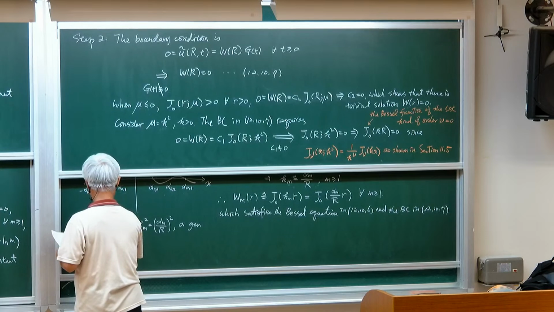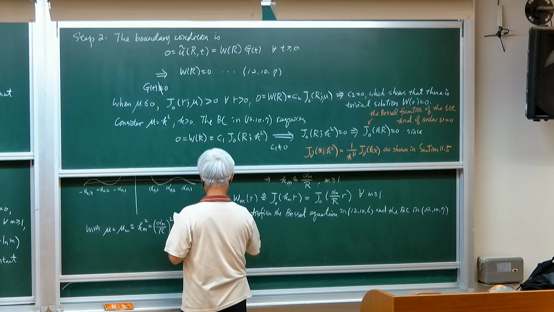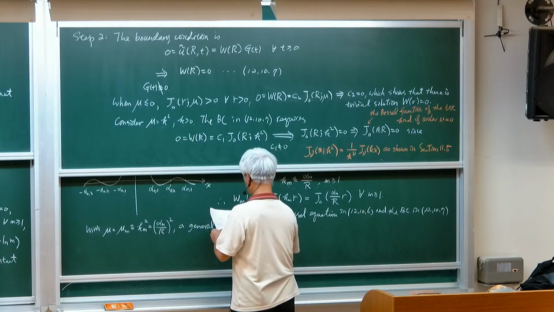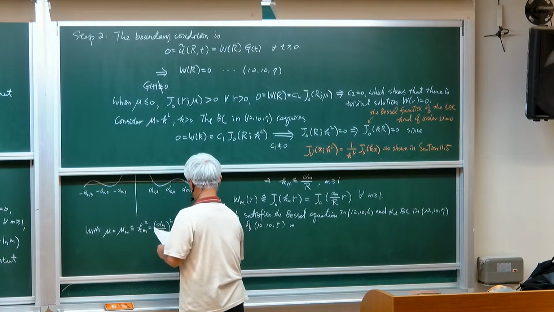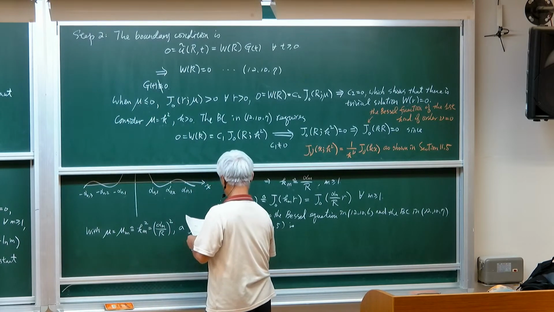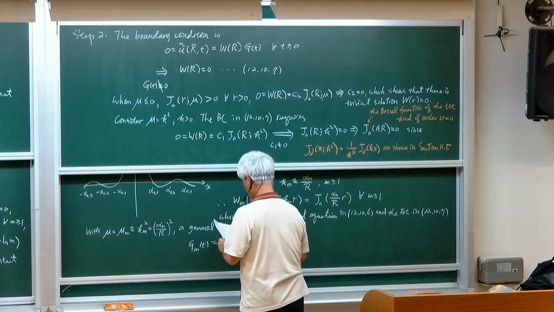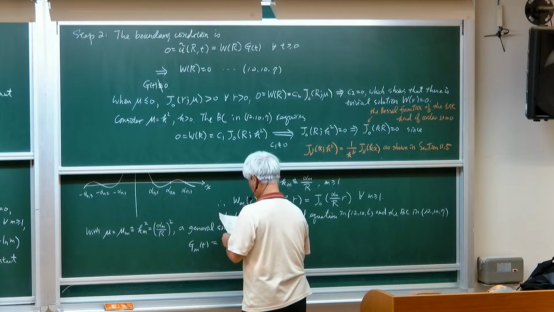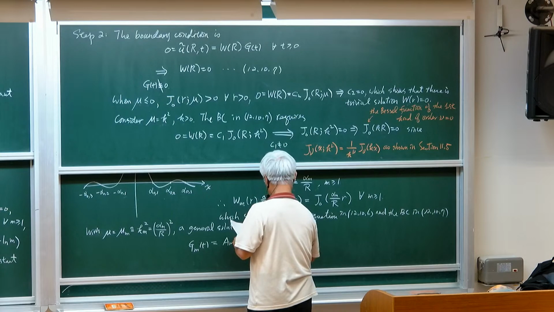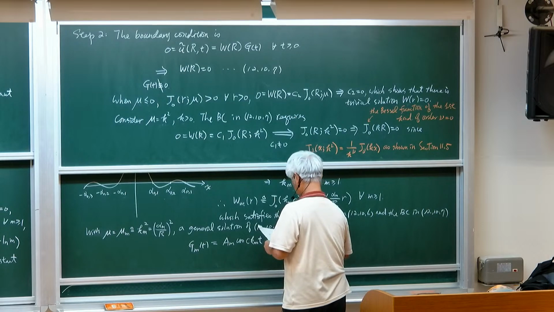So with mu equal to mu m, a general solution of 12.10.5 is G sub m(t) equal to A sub m cosine c k sub m t plus B sub m sine c k sub m t.